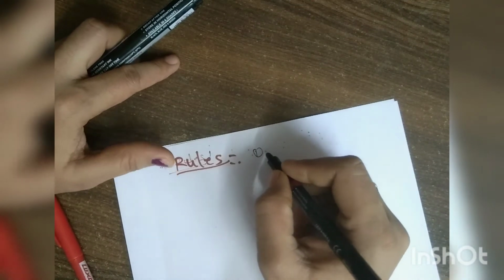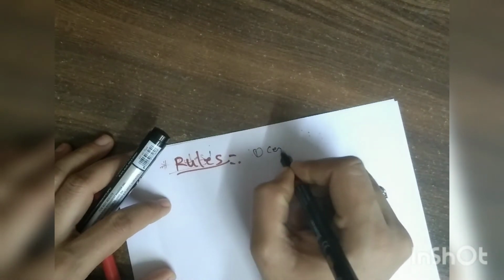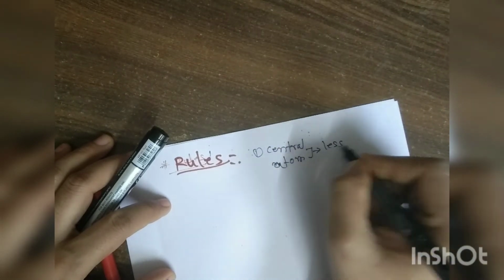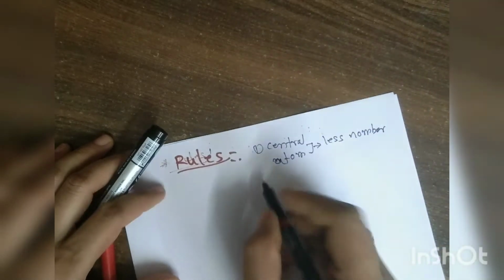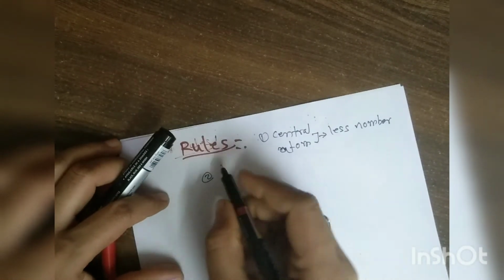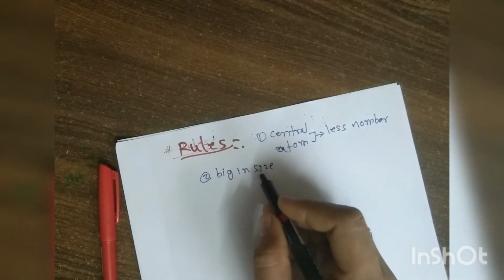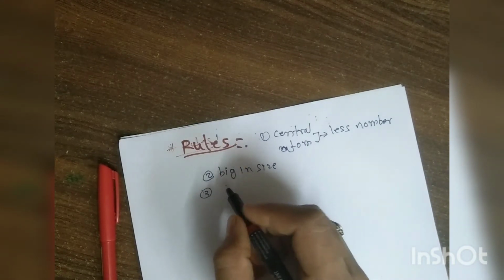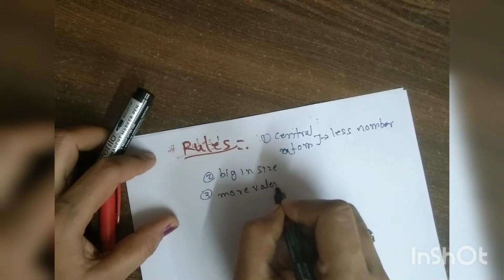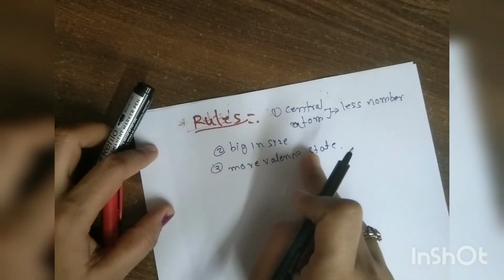The first rule says to choose the central atom that has a lesser number, whichever central atom it is, it should have a lesser number. After that, the second rule says that it should be big in size. And the third: if it has neither of these two, then it should have more valence state. In this way we can calculate the hybridization.